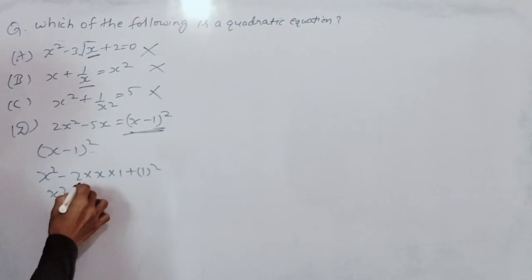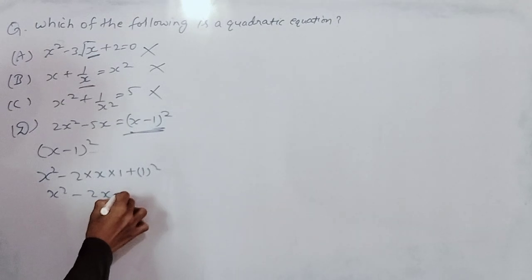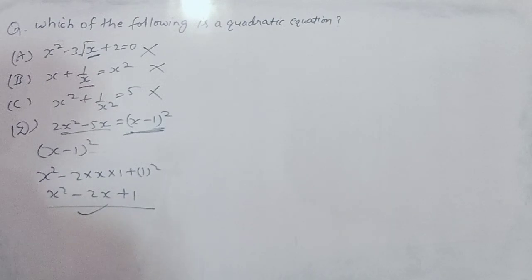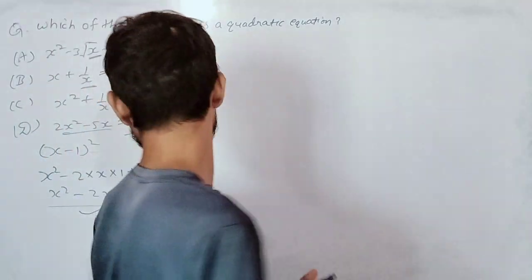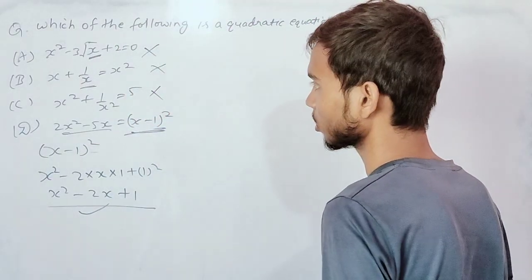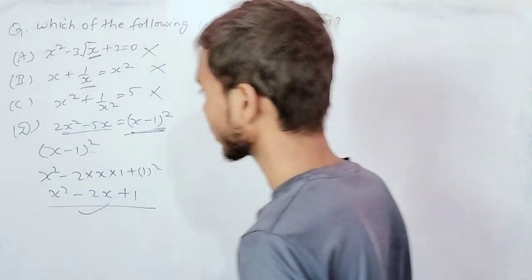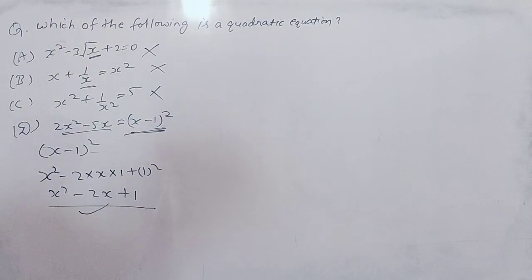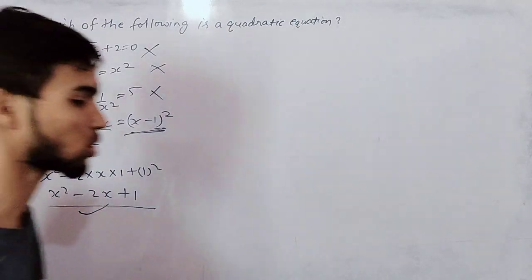So x square minus 2x plus 1. So yes, this side and this side is what? It is a quadratic equation, because the exponent is 2, and no variable is under a root, and no variable is in place of a denominator. That's why this D is a quadratic equation.